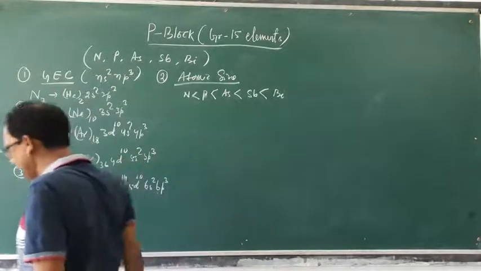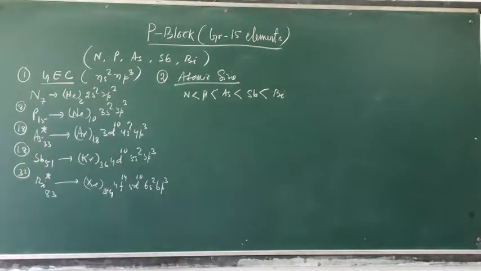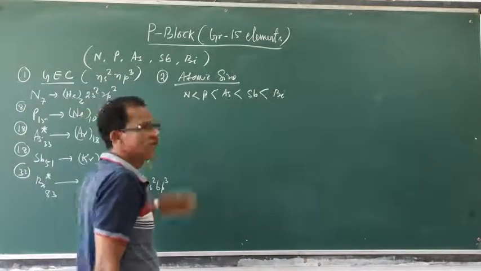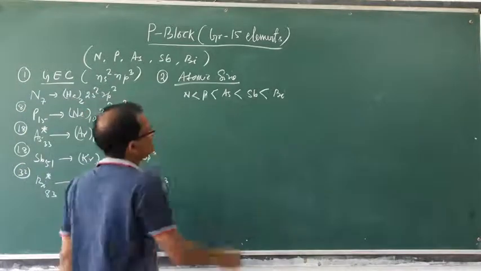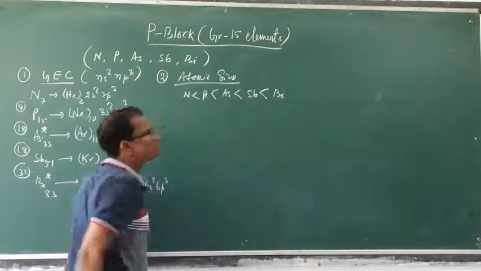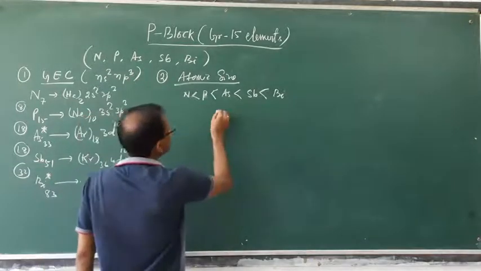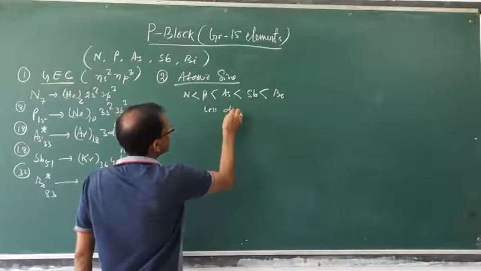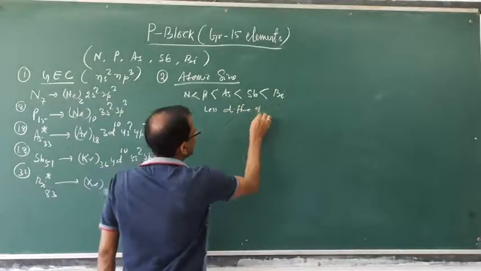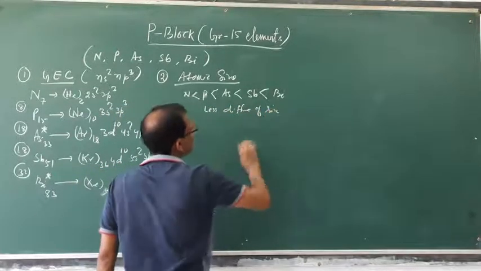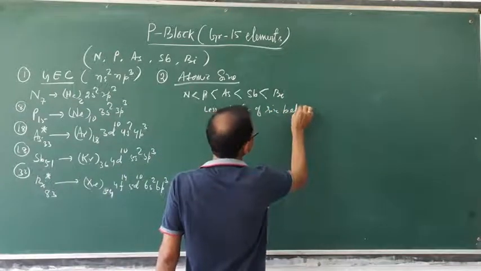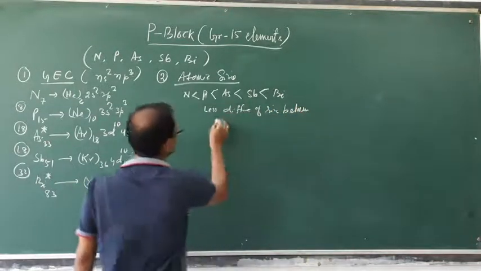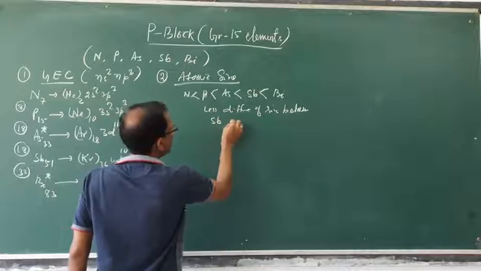So this is regarding the increasing atomic size. But one important thing is that the size difference between antimony and bismuth is very less.